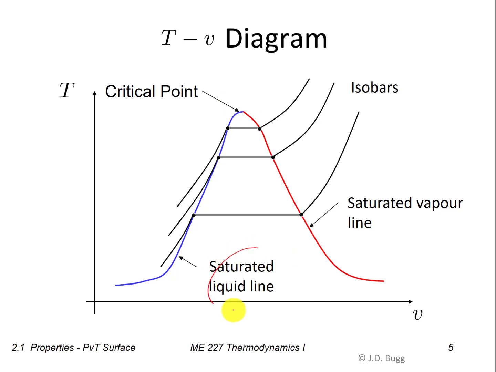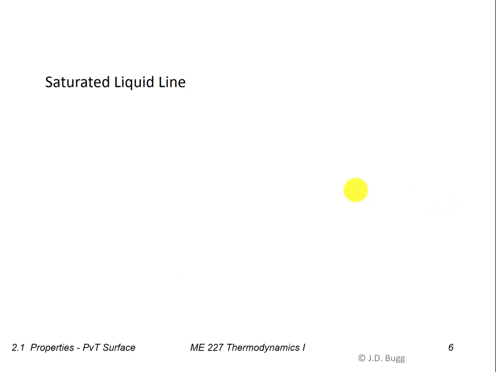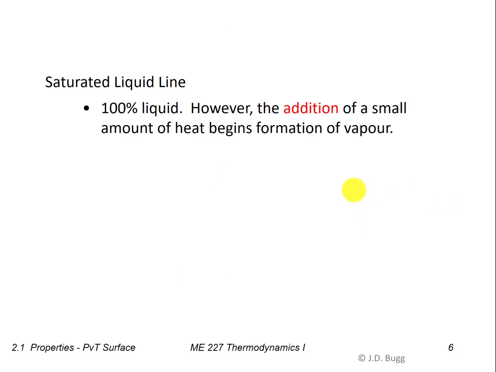But right now we just want to give a little more formal definition of these saturation lines because they're very important. So the saturated liquid line is 100% liquid. So if we're sitting on the saturated liquid line, we have 100% liquid. That is true. However, the addition of a small amount of heat begins the formation of vapor.